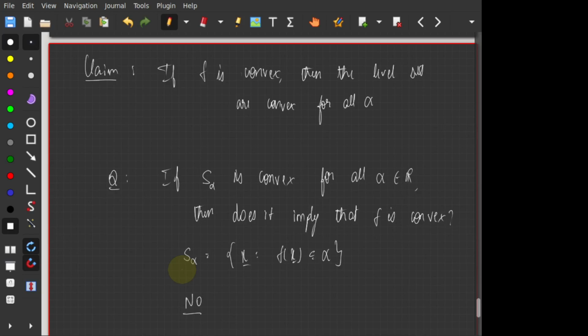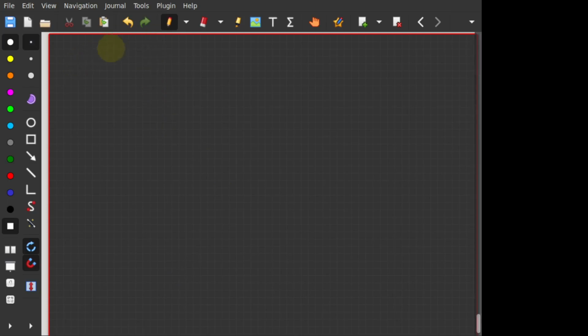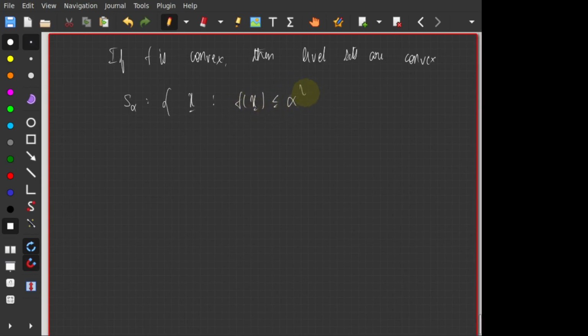Okay, but how do we prove the claim? S alpha is the set of all x such that f of x is less than or equal to alpha. We want to prove that this set is convex.